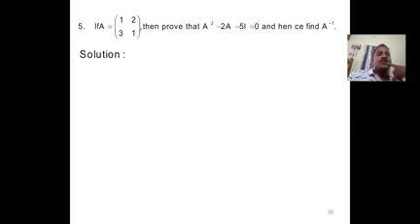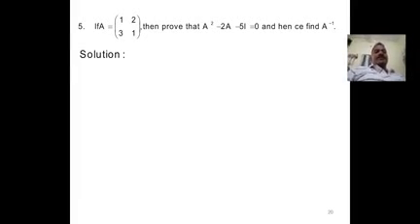A square minus 2A minus 5I is the characteristic equation of the matrix A equal to 1 2 3 1. With the help of that you can get the inverse. That is also one of the ways to get the inverse of the given matrix.